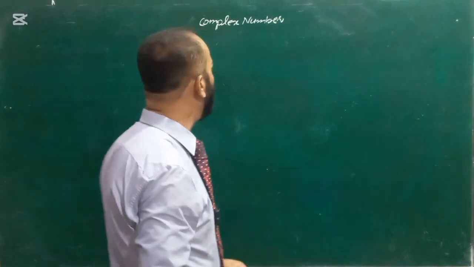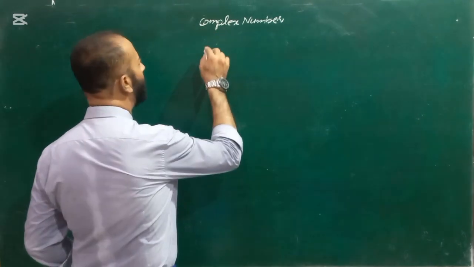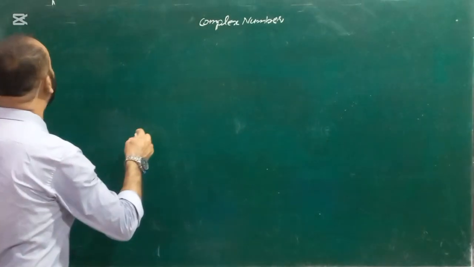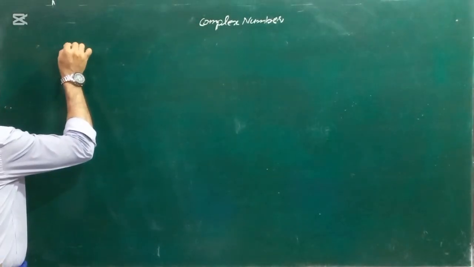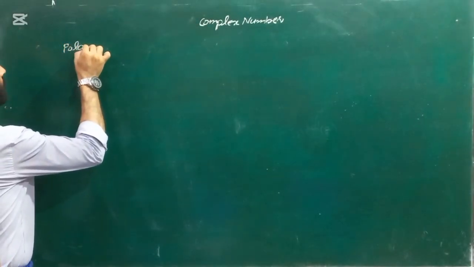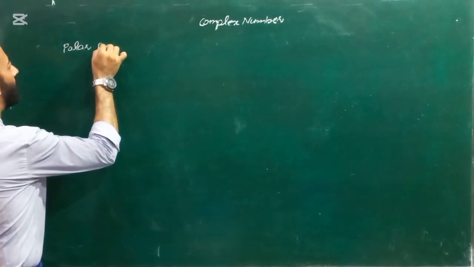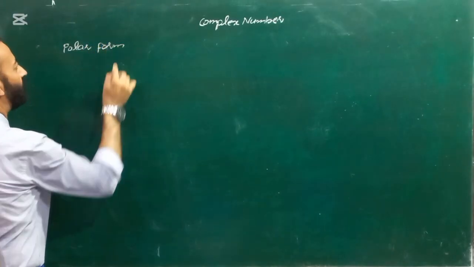The next thing that we are going to read in the complex number is polar form and exponential form.